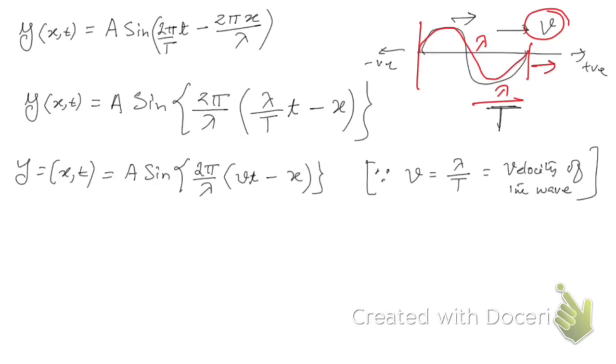So now here we're going to write this. Sorry, here it should not be an equal sign. y of x comma t, right?